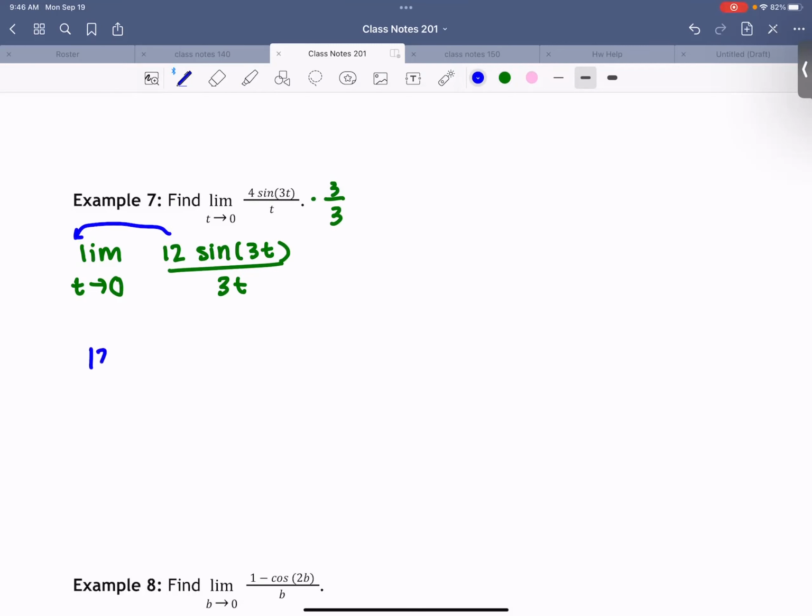So we have 12 times the limit as t goes to 0 of sine 3t over 3t. Well, what's the limit of sine of 3t over 3t? 1, good. So this becomes 12 times 1, which is 12. Any questions on example number 7?